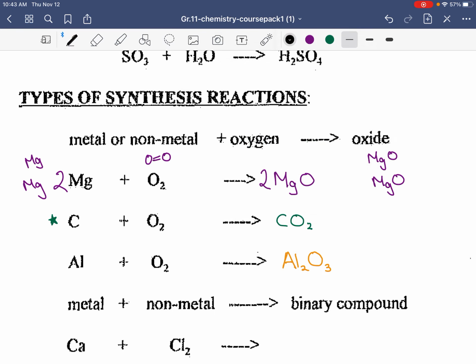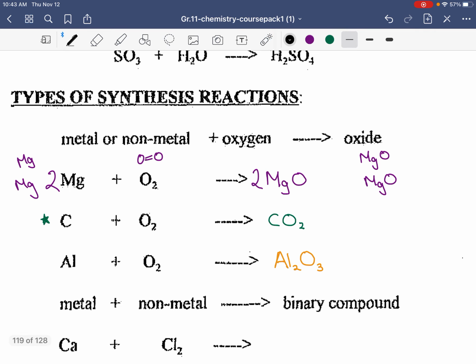Looks like there's 1 Al on the left and 2 Al on the right. For now, I'm going to put 2 here just to satisfy the fact that the aluminum is balanced. Oxygen needs to be balanced now. There's 2 oxygen on the left and 3 oxygen on the right.